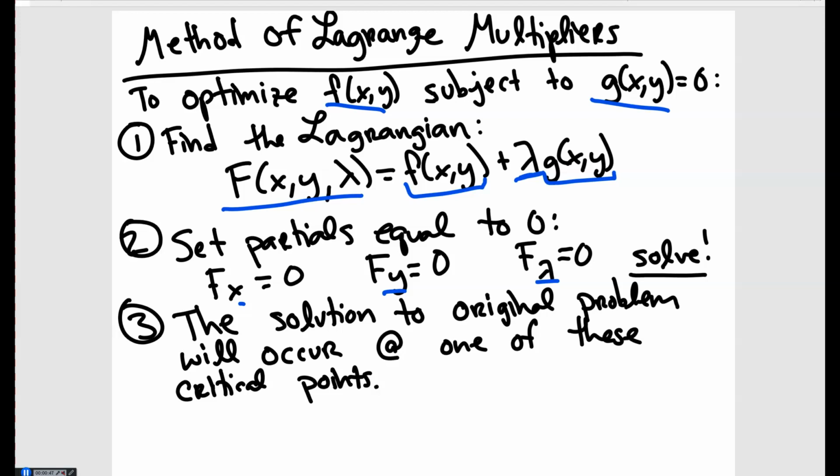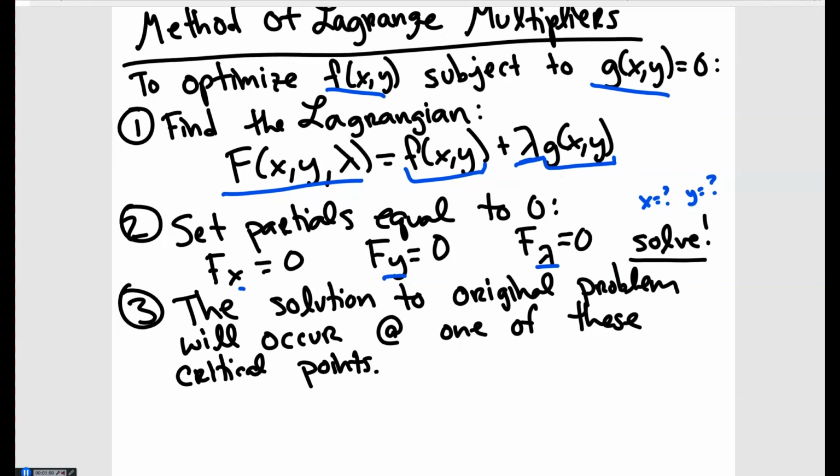In particular, what you're going to be solving for is what is x equal to and what is y equal to. And then number 3 is the solution to the original problem will occur at one of these critical points. So basically we are going to get these x and y's, and then plug them back into our f of x comma y.